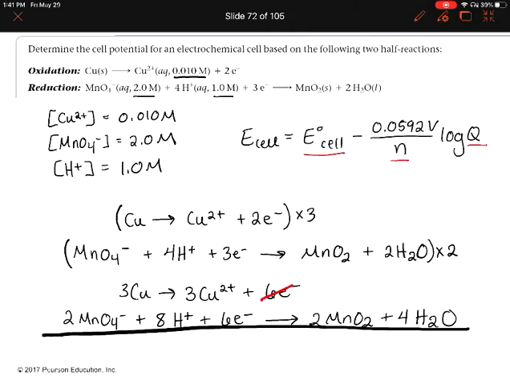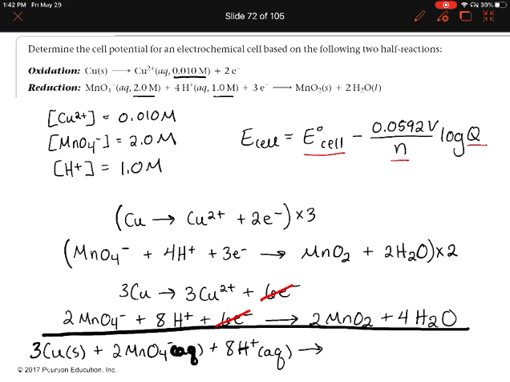So our electrons will cancel, and then what we're left with is 3 copper, which is a solid. We also have on the left side of the arrows 2 permanganate ions, which will be aqueous. We also have 8 hydrogen ions, which will be aqueous.